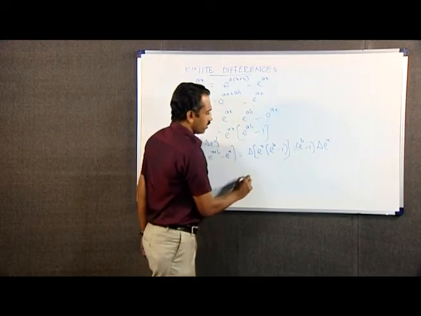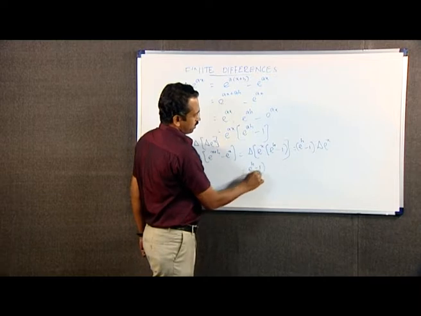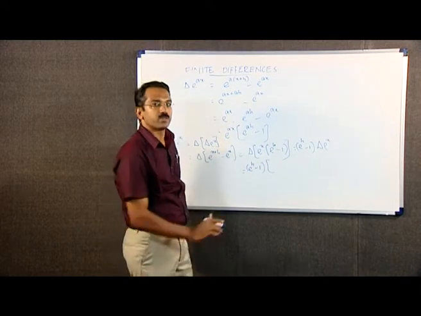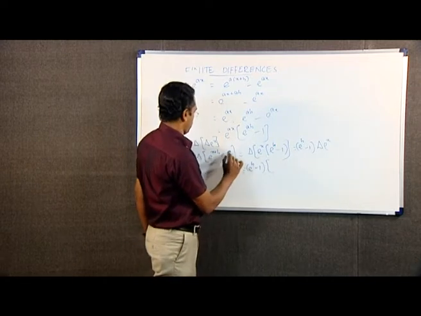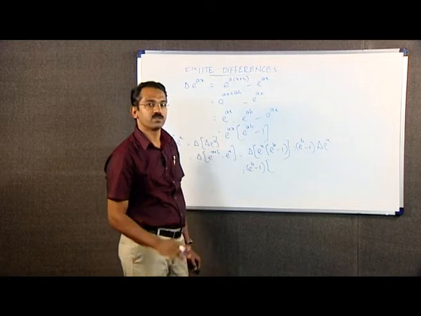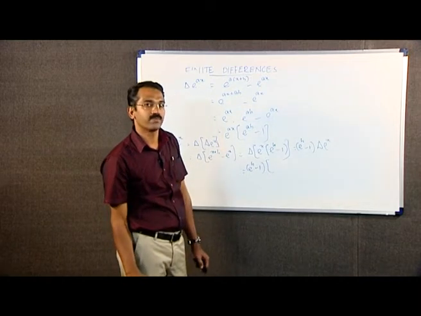That is equal to e raised to h minus 1 into delta e raised to x, which is e raised to x plus h minus e raised to x, by definition of delta f of x.